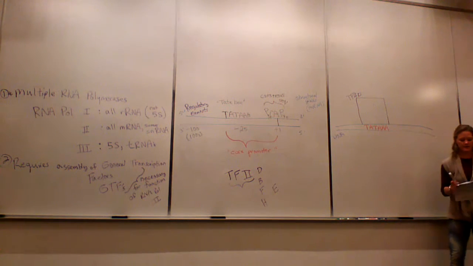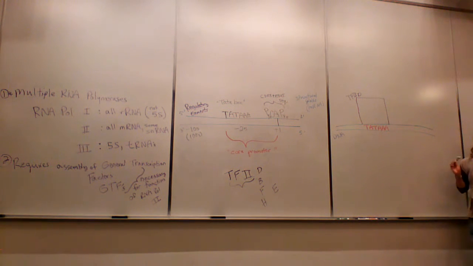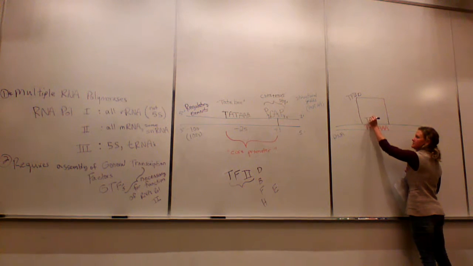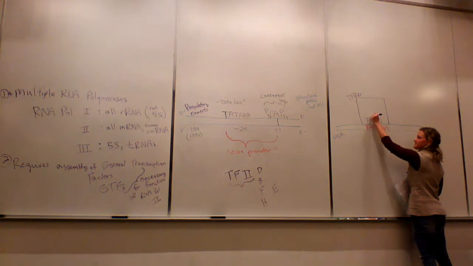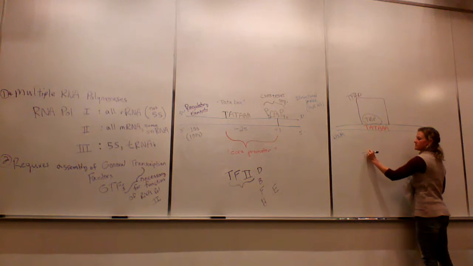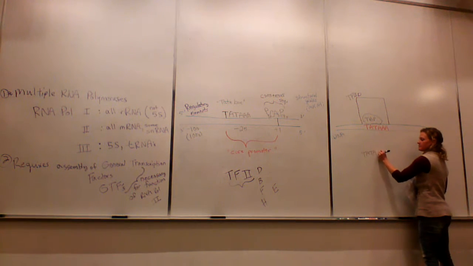TBP stands for Tata binding protein. This is going to start to sound really redundant. So TF2D, one of the subunits, what I'm showing by this big purple box is like this is one big protein, and there are separate subunit parts on it that do a specific job.